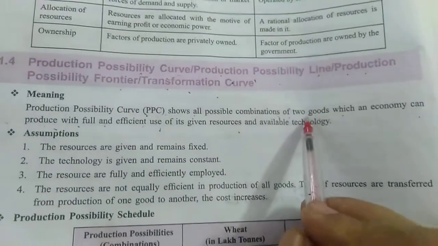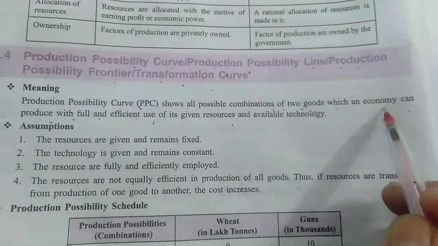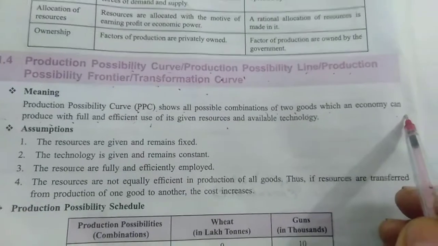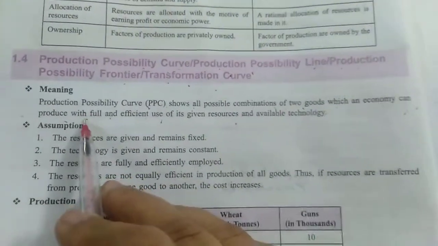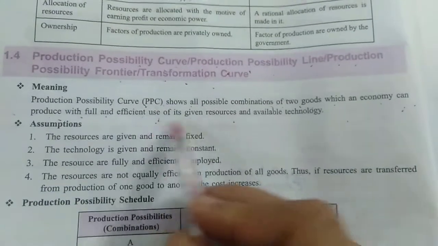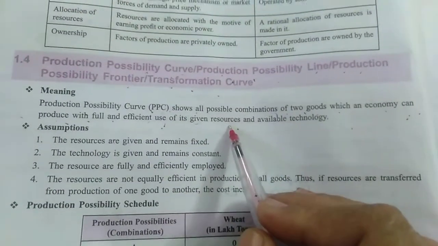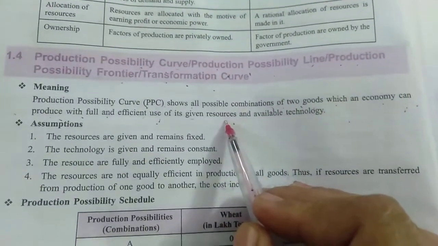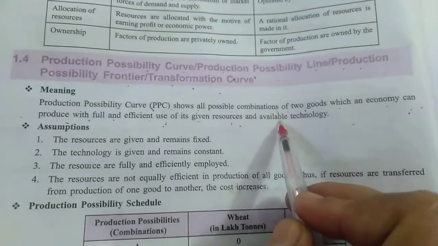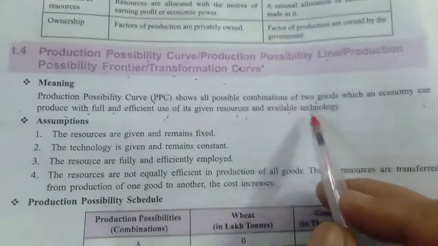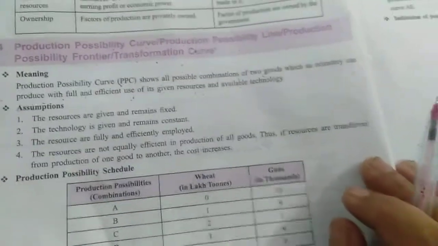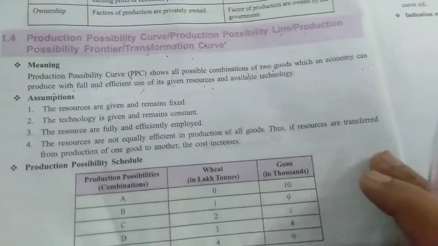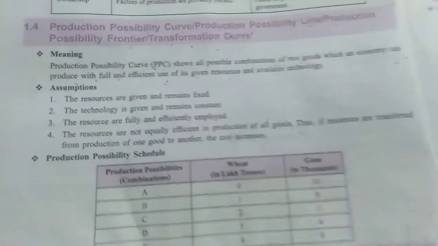All the possible combinations of two goods which an economy can produce with full and efficient use of whatever resources and technology are available to them. So it shows all the possible combinations of two goods in an economy, produced with full and efficient use of the given resources and available technologies. That curve is showing production possibilities. I hope it has been clear.